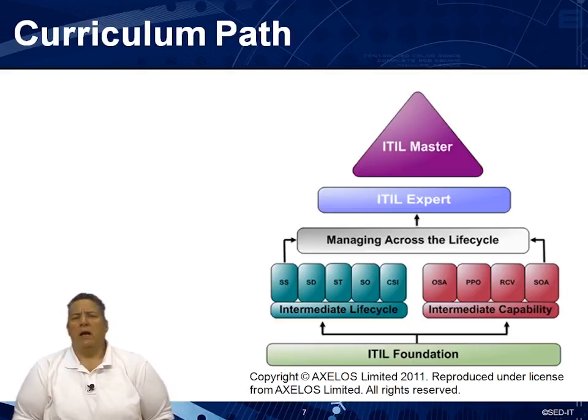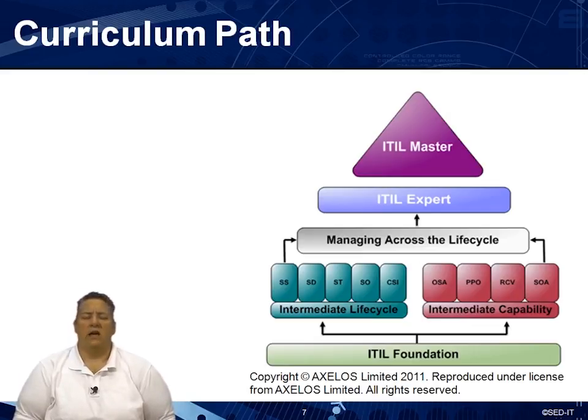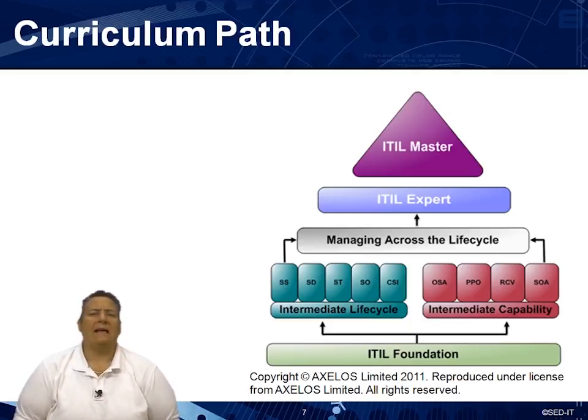certification. Going back to the intermediates, you see that there are 2 sides here. There's the life cycle and the capability. The life cycle focuses specifically on the life cycle phases of strategy, design, transition, operation, CSI, and it focuses on the managerial and supervisory aspects. The capability then looks more along the practitioner side, the activity side.